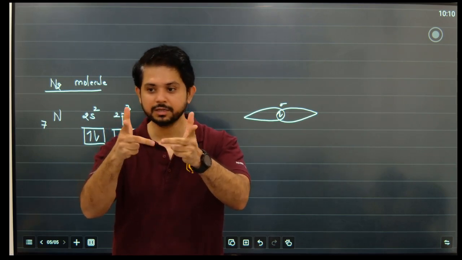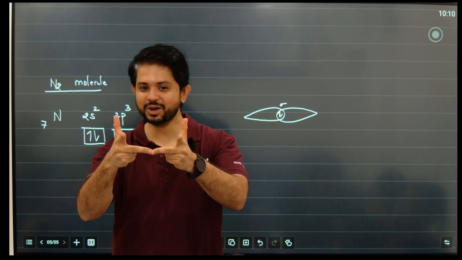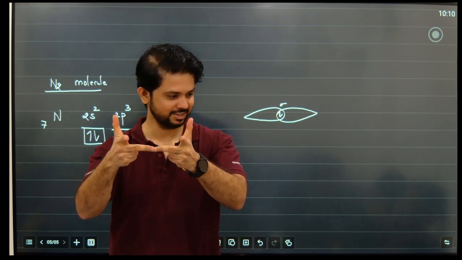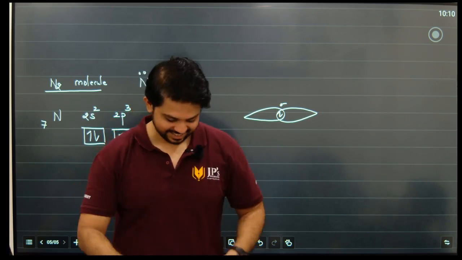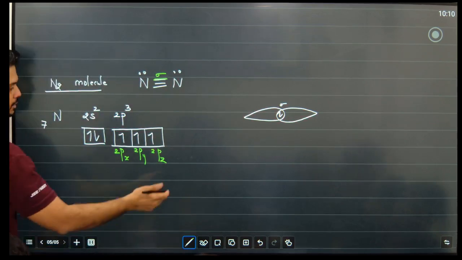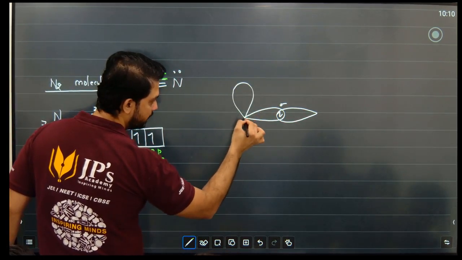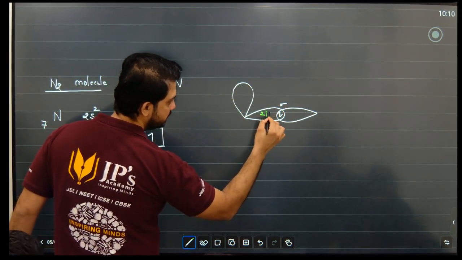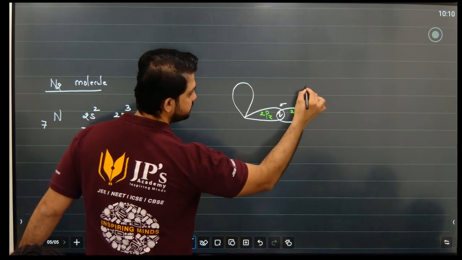One sigma bond, and the other two are pi bonds. You get the message, the concept. ठीक है? So I repeat, on a two-dimensional board पे थोड़ा we'll still try to make it. ये आपका 2px था, which overlapped with 2px.